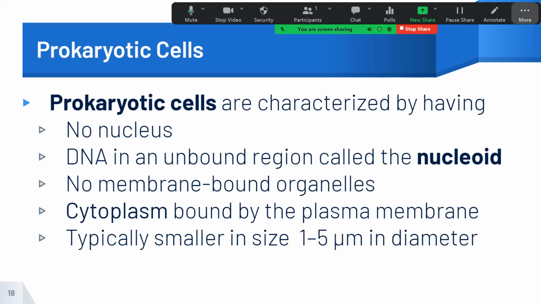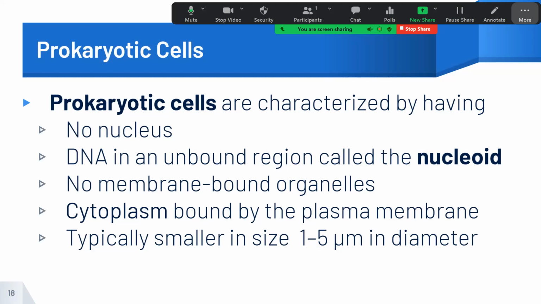Prokaryotic cells are going to be characterized by having no nucleus. So they've got no nuclear membrane that separates the genetic information from the rest of the cell. They do, however, have the DNA clumped together in a region or an area called a nucleoid, but it does not have a membrane around it, so it's not defined as a nucleus.